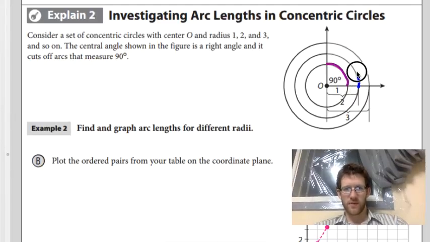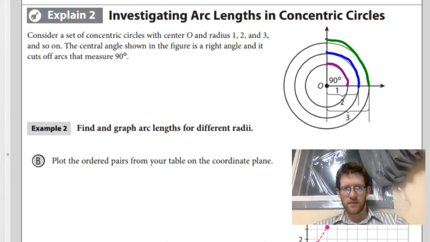And the only point they're making here is that they're proportional. So the radius of this green arc is 3 times larger than the radius of the purple arc, right? So how many times larger is this arc? It's 3 times, because the radius was 3 times larger.